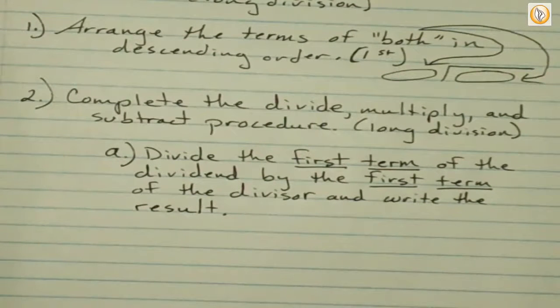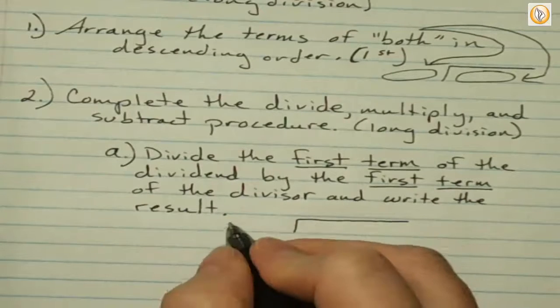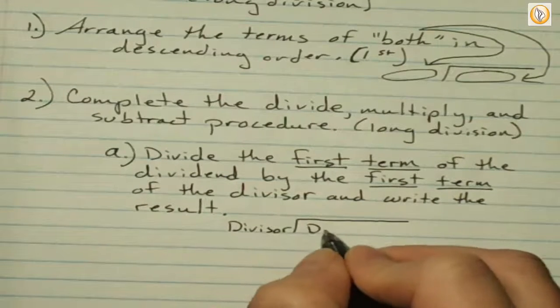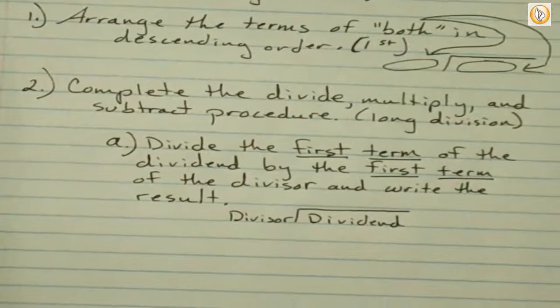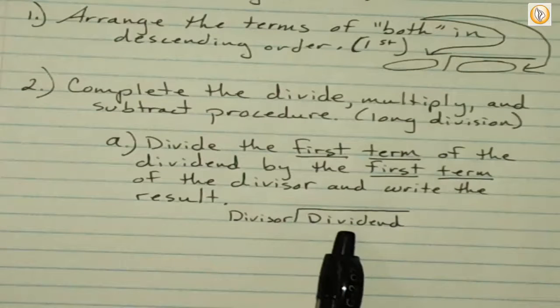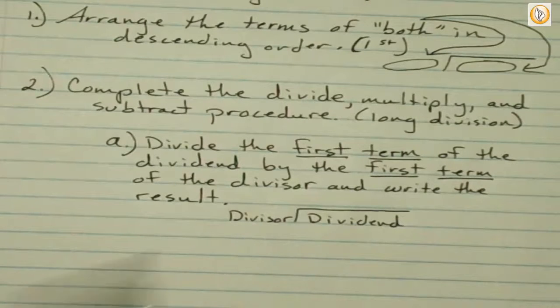And if you're like, I don't remember divisor, okay, here it is. Here's my house. Divisor is out here, and dividend is inside. So you're going to divide the first term of the dividend by the first term of the divisor and write the result.